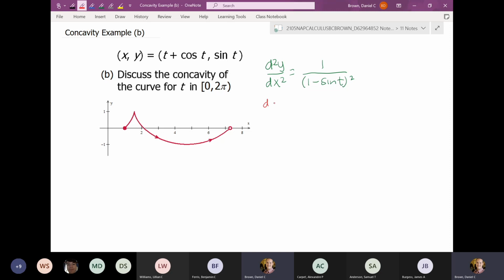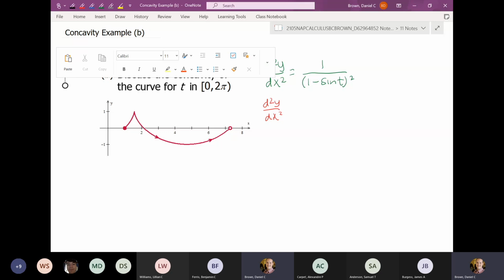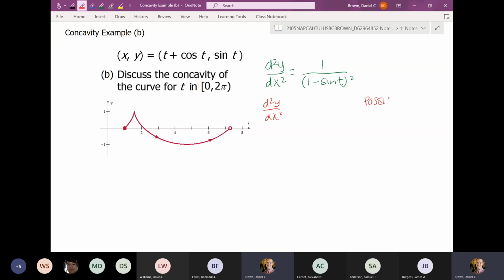First step is we often want to find the possible points of inflection. We know that possible points of inflection can occur in one of two places. They can occur when the second derivative is equal to 0 or when it's undefined. Well, for this one, the second derivative is never equal to 0 because that numerator is just a 1, no variables there.